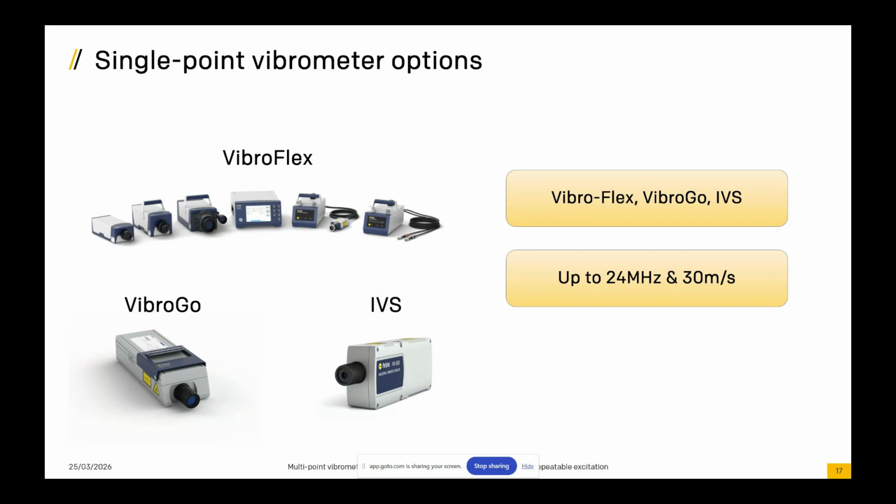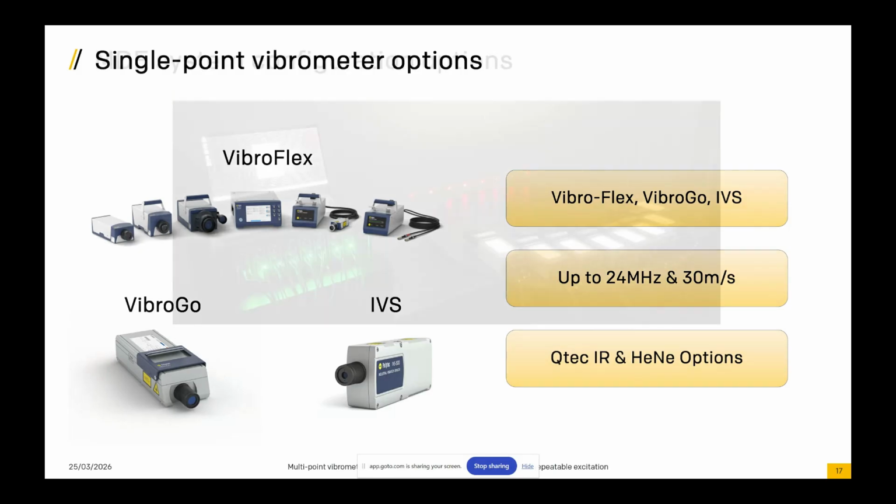With this combination, we can go up to 24 megahertz and 30 meters per second in terms of sensor head sensing. And we have options across the board for Q-Tec with infrared or helium neon. Basically anything that there is, it can be combined into an MDE system.